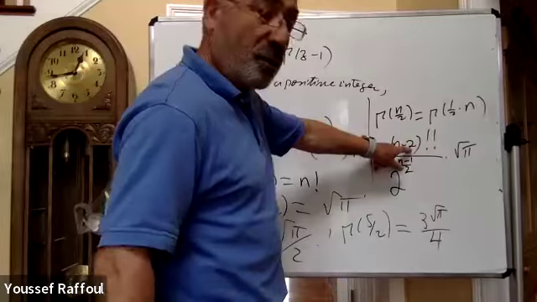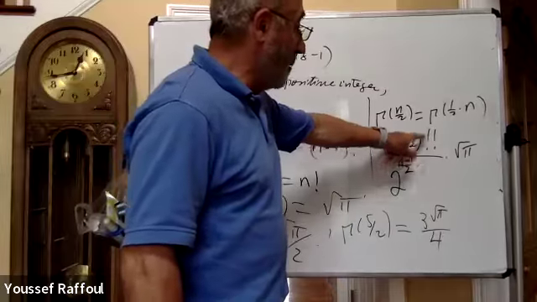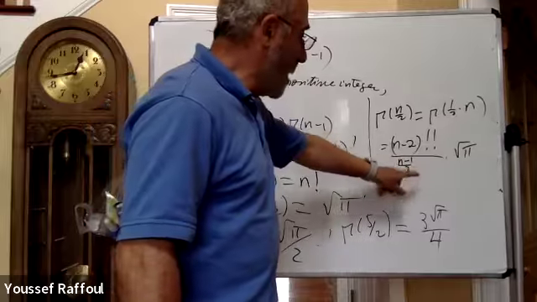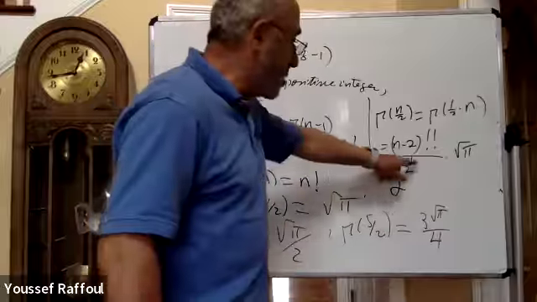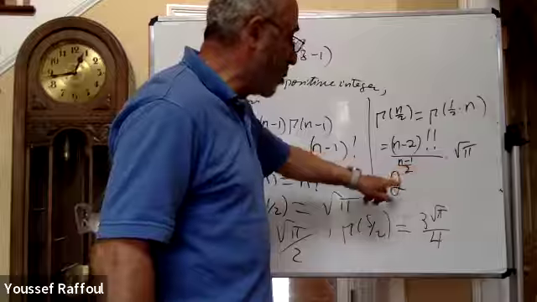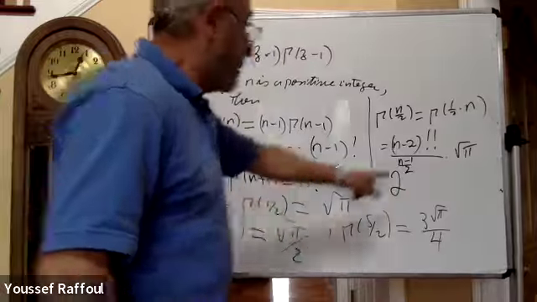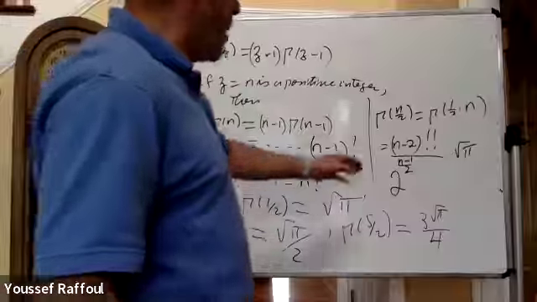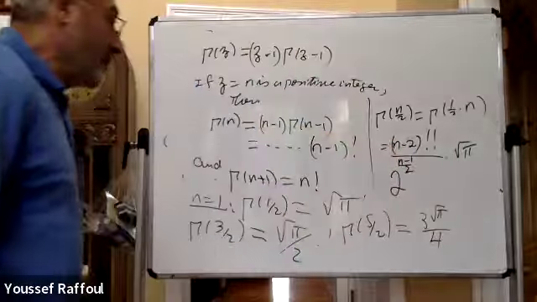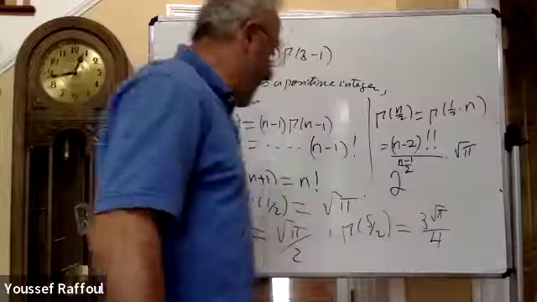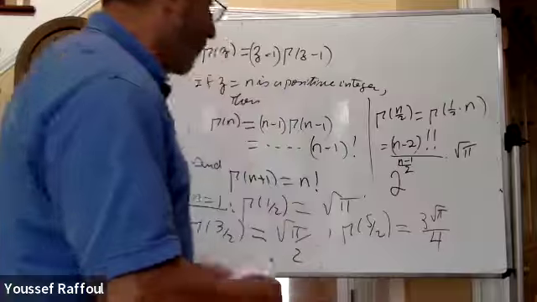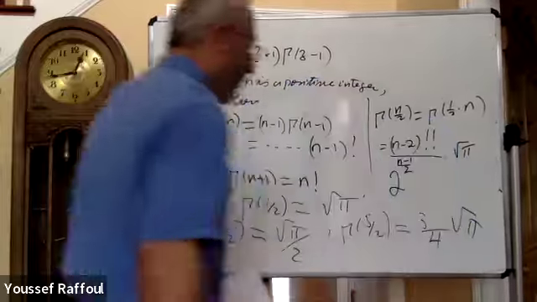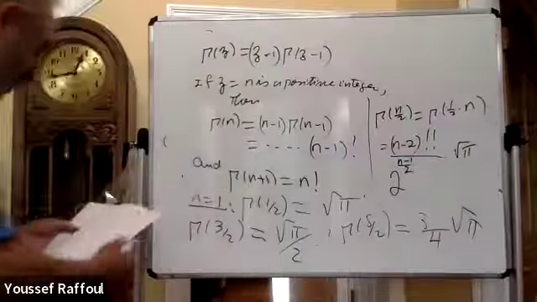You get 3 minus 2, that is 1. Factorial of 1 is 1, over 2 to the power (3 minus 1) over 2. 3 minus 1 is 2, 2 over 2 is 1, 2 to the power 1 is 2, times the square root of pi. You see that? And the same thing, if n equals 5, that will be 3 factorial over 2 squared, and then you can simplify it and get 3 times the square root of pi, over 4. Okay? All right.